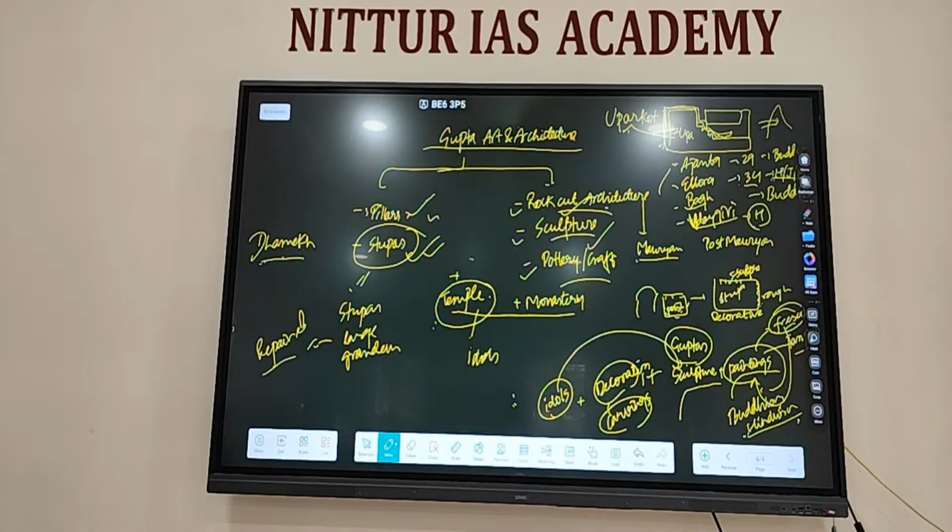The Junagadh caves have viharas dedicated to the monks, and they belong to the Gupta period.